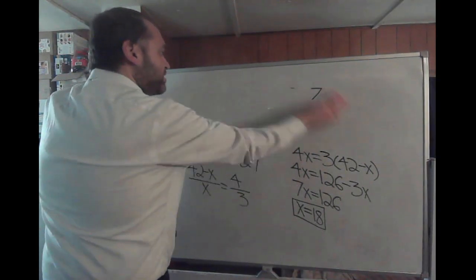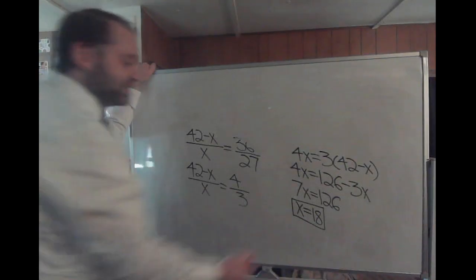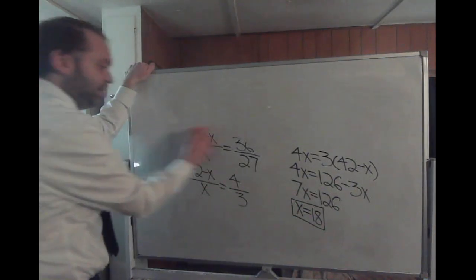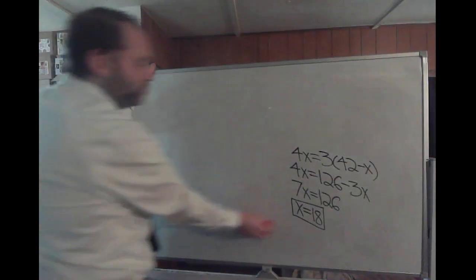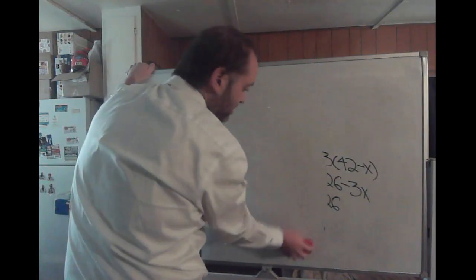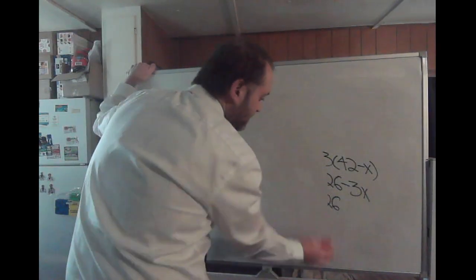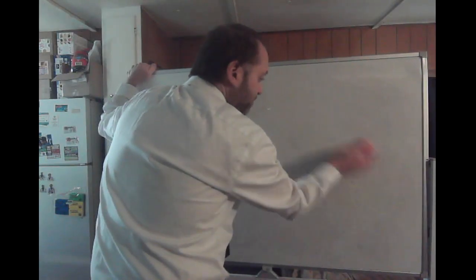If you want to check your work, always stick the value of x that you got, that 18, in for where x is, and see if the ratios measure up, if the scale factor still measures up. If it does, you've done it right. If it doesn't, then you probably reversed your ratios in the proportion and probably set it up wrong.